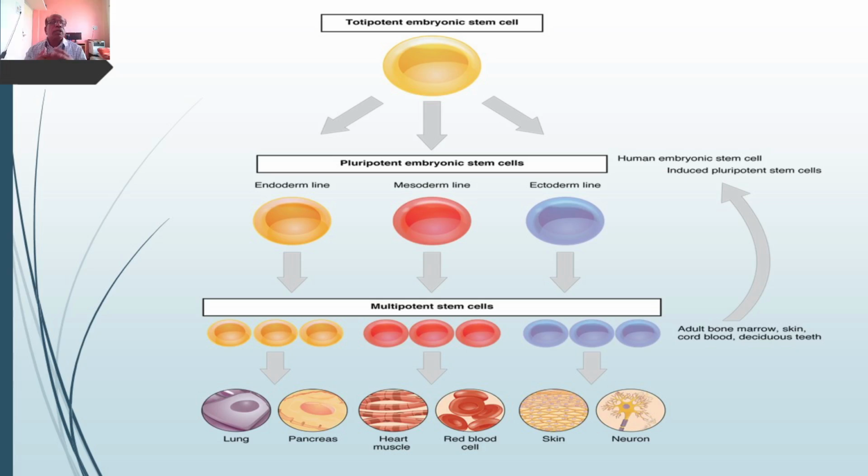So just after gastrulation, when the three basic germ layers are formed, representing the ectoderm line, mesoderm line or endoderm line, these then get transformed into the multipotent stem cells.